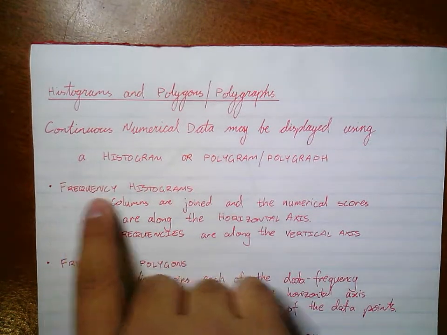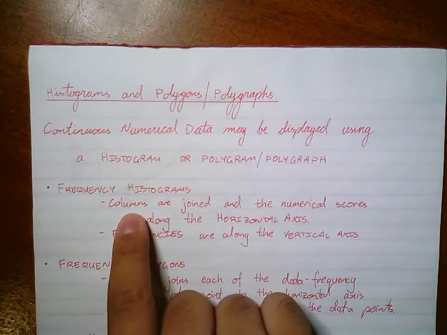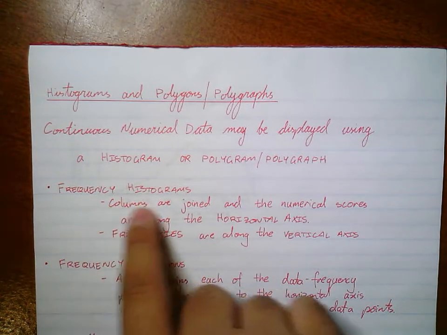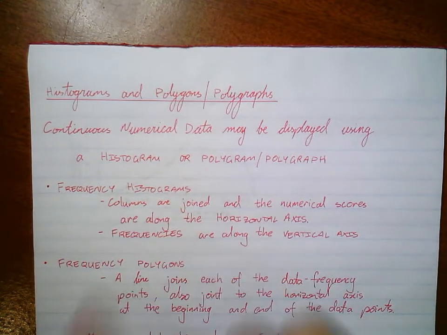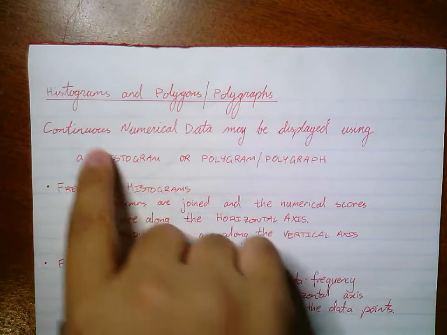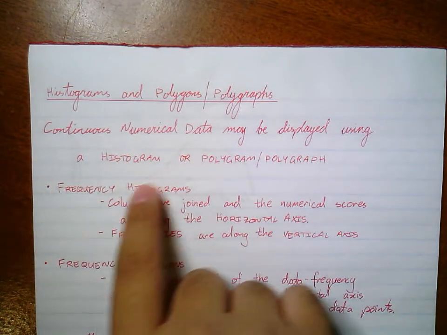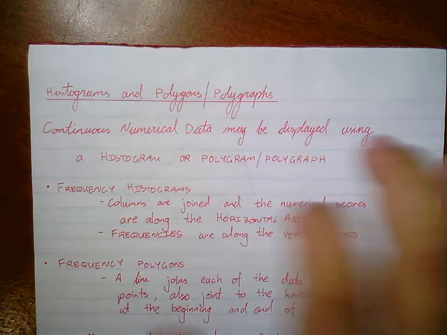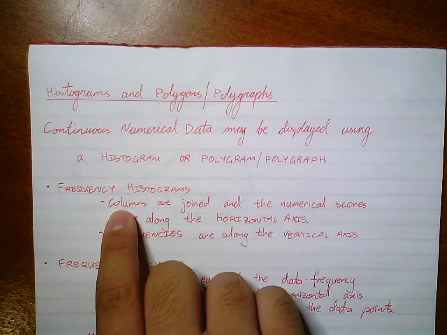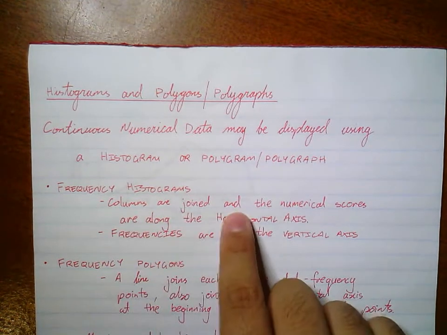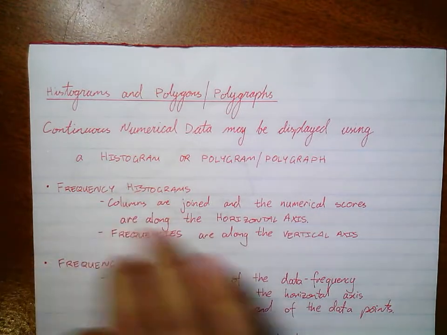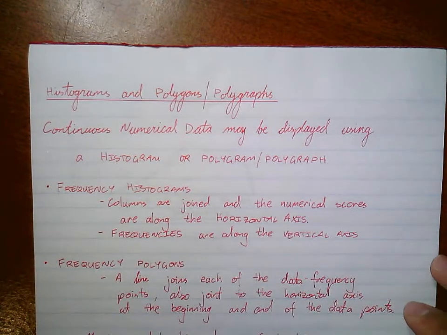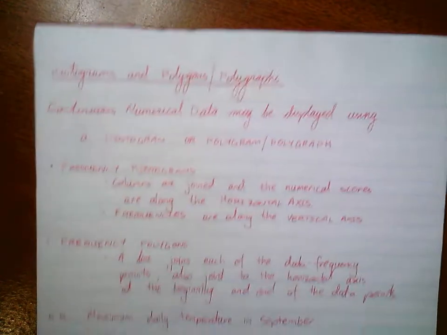Okay, so in a frequency histogram, the columns, which by the way is just a column graph, but since it's continuous numerical data it's given a special name, are joined, and the numerical scores are along the horizontal axis and frequencies are along the vertical axis.